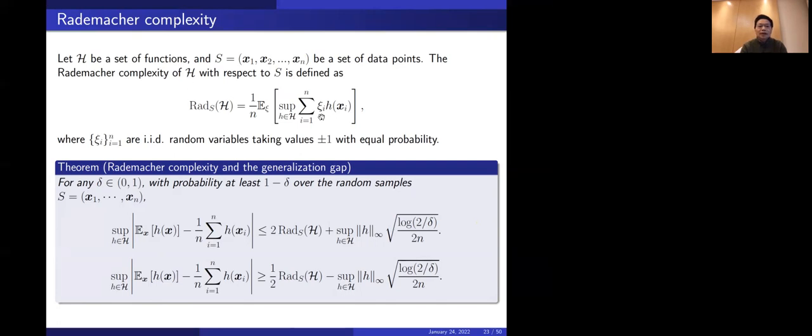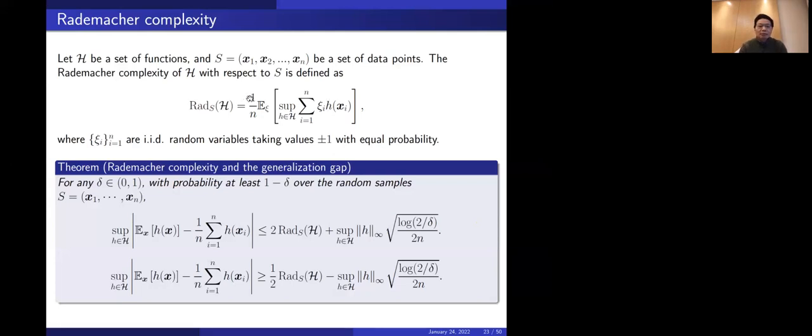The Xi are random variables taking the values plus minus 1 with equal probability. The supremum means that you want to approximate Xi as best as you can. That defines the Rademacher complexity.